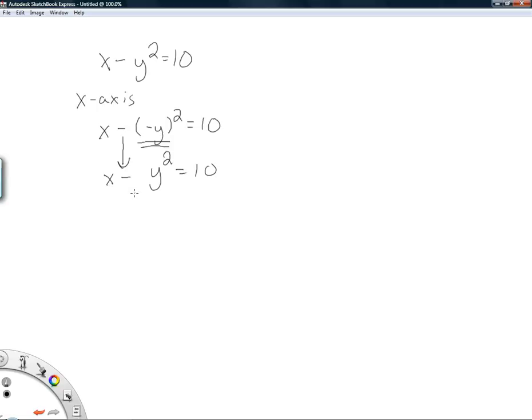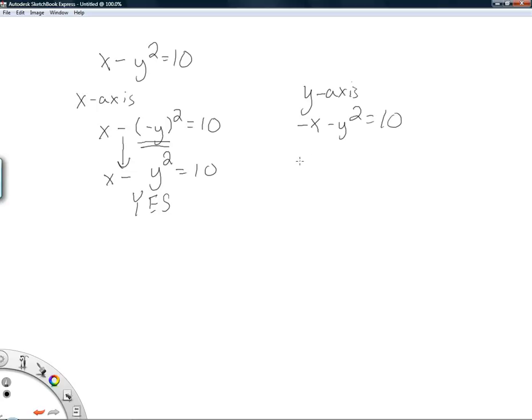So the x-axis symmetry is yes. Y-axis symmetry: opposite of x minus y squared equals 10.